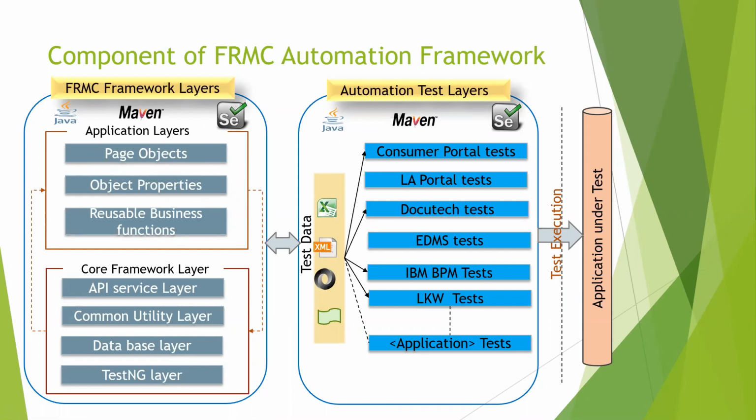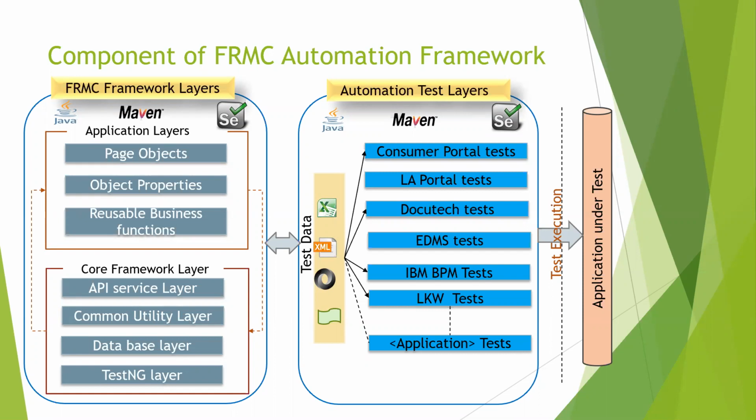You are already aware of it in Java and Selenium: we have identifiers like IDs, partial text, XPath, CSS selector. Those are all kinds of object properties. Reusable business functions are the ones which can be reused throughout the application, throughout the scripting, or throughout the application execution.